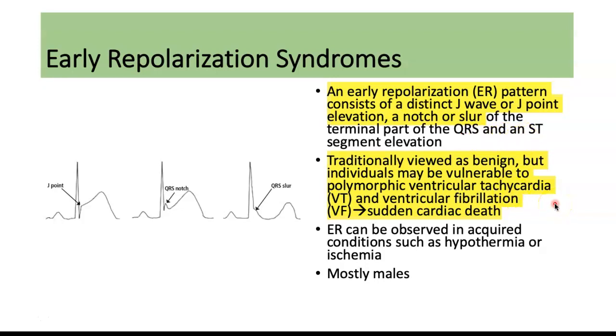Traditionally, this is viewed as benign early repolarization, but these individuals can be vulnerable to VTAC and ventricular fibrillation and sudden cardiac death. Early repolarization can be observed in acquired conditions as well, like hypothermia and ischemia. This happens mostly in males.